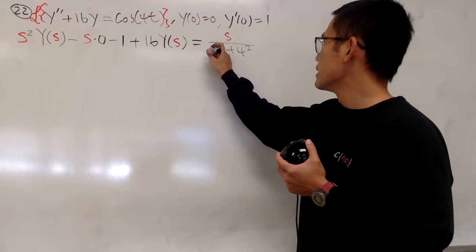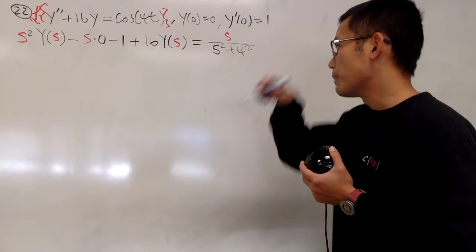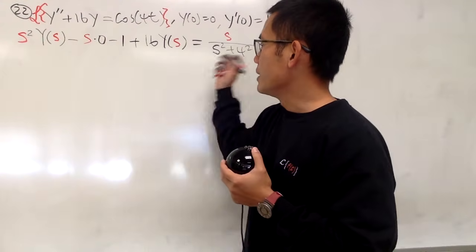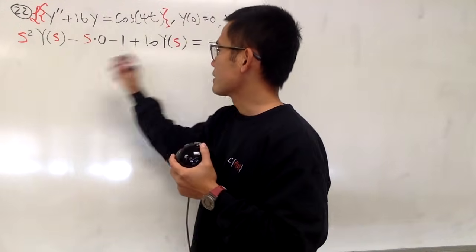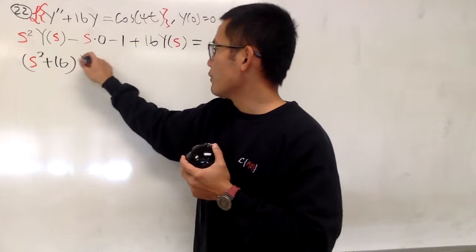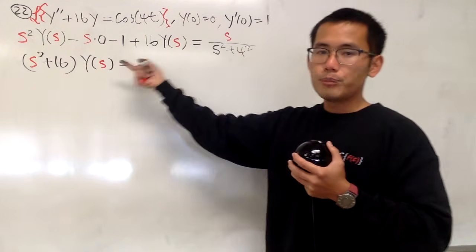It's not the Laplace that's bothering you, it's the partial fraction that's going to bother you, right? Anyway, that's out. This one will be on to the other side. So here I'll factor out s squared plus 16, and then we have y of s. So that's good. 1, bring that to the other side.